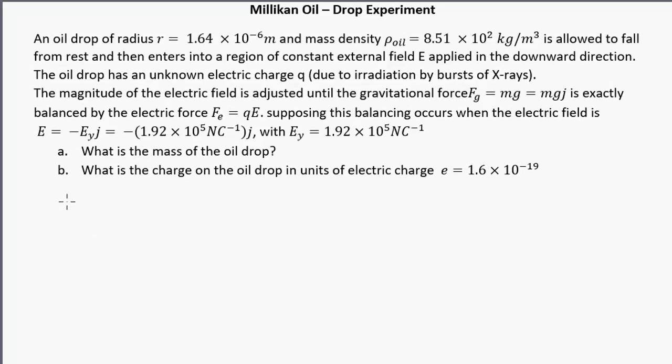mass? So now remember that the density rho is mass over volume. If density is mass over volume, it means the mass will be equal to density of the oil times the volume of the oil.